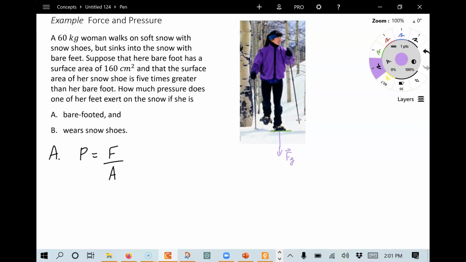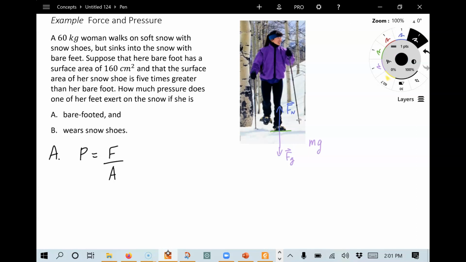Of course, the magnitude of that force is m times g. And the upward force is the force of the surface, the snow, pushing back up on her foot. Since in that moment she isn't moving upwards or downwards, this normal force, Fn, has to balance the gravitational force.